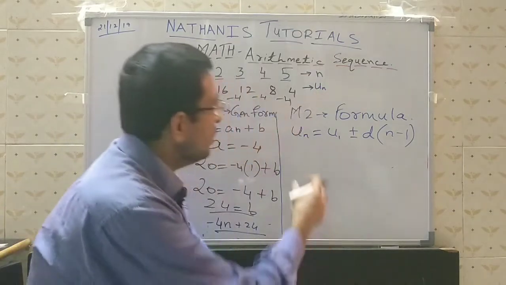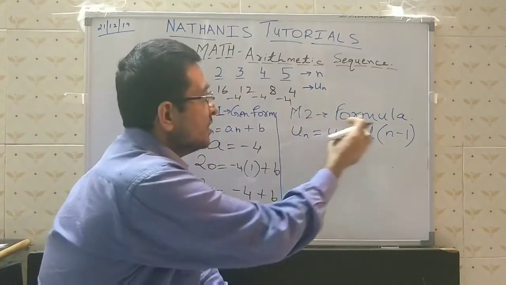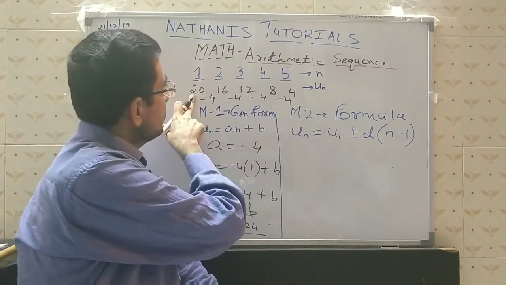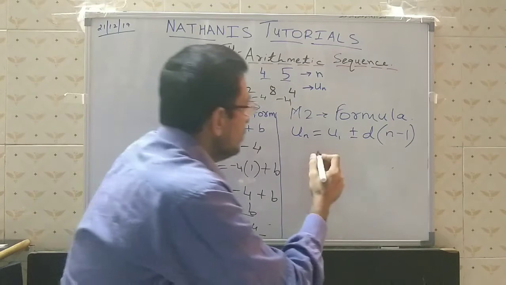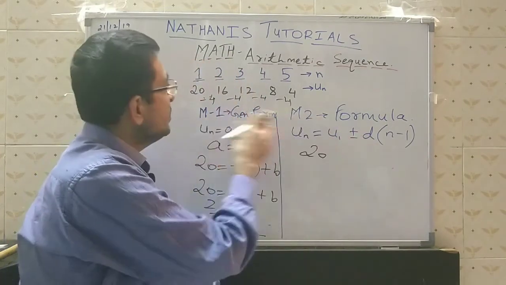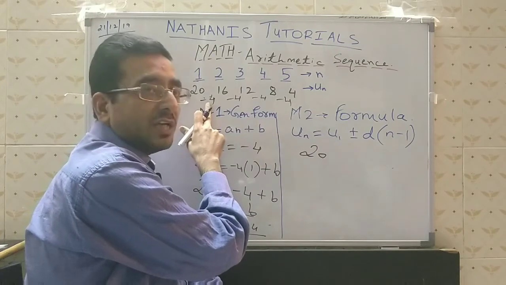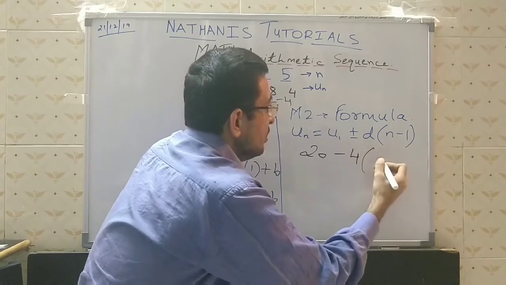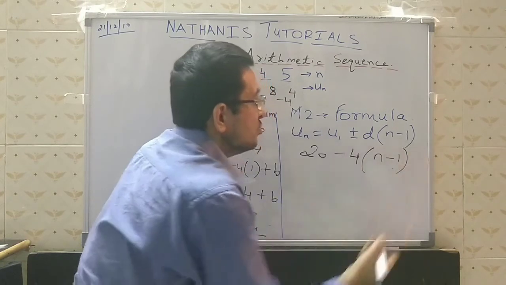Now let's go to the next method, that is the formula method. u1 means the first term of the sequence. In this case it's 20. So 20 plus or minus d. In this case the difference between the terms is minus 4. So I'm going to use d as minus 4 and bracket open n minus 1.